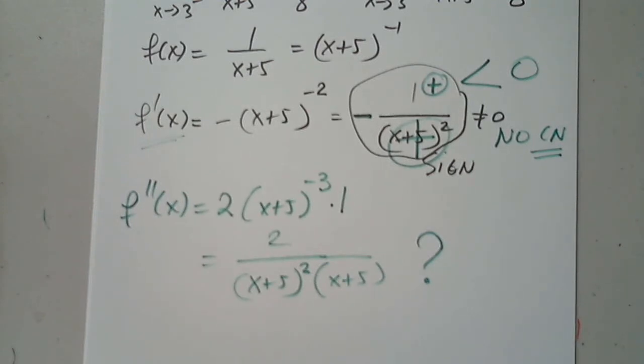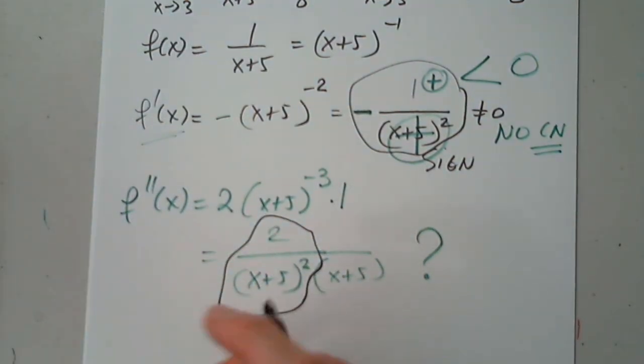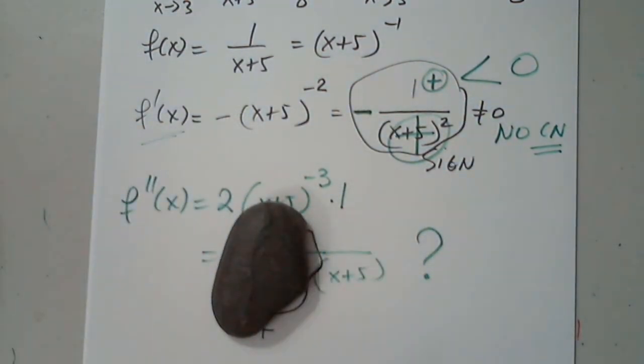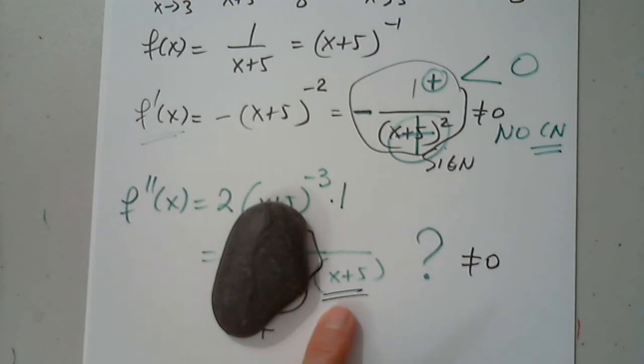But I want to quickly find the sign of this expression. Can anyone tell us what is the sign of this piece, first of all? Positive. This is always positive, so I don't need to look at it. The sign will be given by this, and of course it's never 0. But now this quantity can be positive or negative.